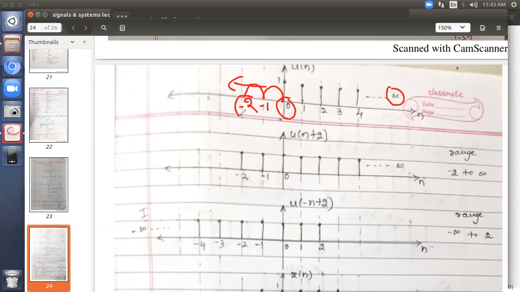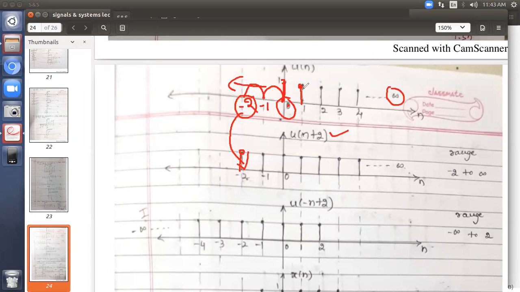So our new signal u of n plus 2 will start from the -2 point. And what is the amplitude here? At 0, all amplitudes are 1 only. So amplitude, mark it 1. This is about the 0 sample. Then continuously do this for all samples. Take 1. Let me take a different color.